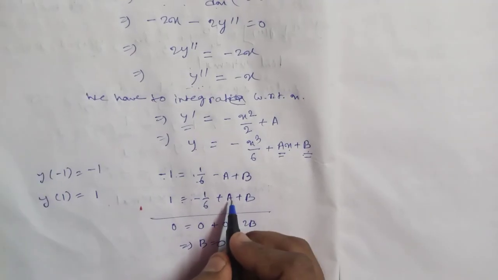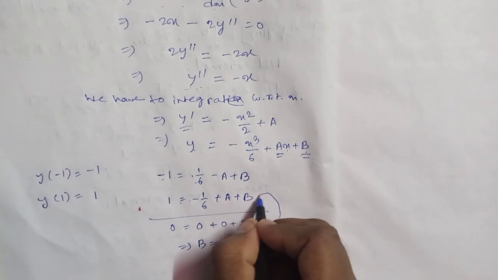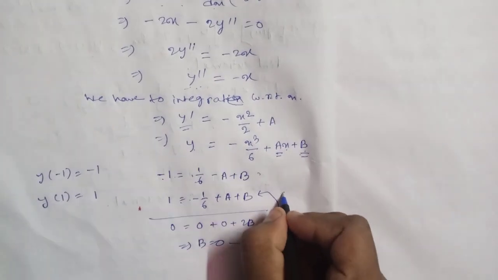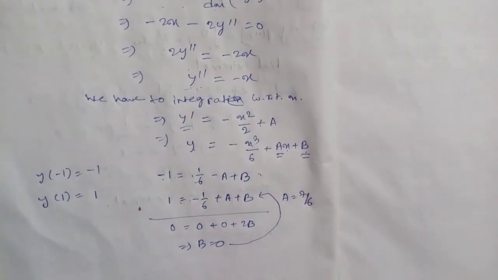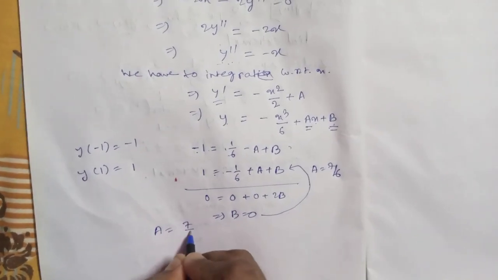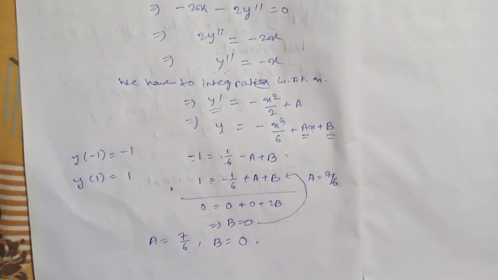We will get the value of b. Now we have to find the value of a. If we replace b equal to 0 either here or here, what will we get? We will get the value of a, which is 7 by 6, right? So we have the value of a, that is 7 by 6, and the value of b, which is 0.